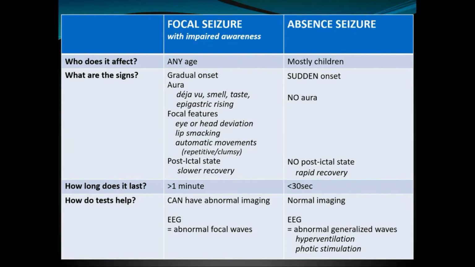That can be very telling as to whether a zoning out episode is a focal onset seizure with impaired awareness versus an absence seizure. And some of the techniques during the EEG that you might be familiar with if you had one are hyperventilation and photic stimulation, which can sometimes bring out the abnormalities that we see associated with absence seizures.